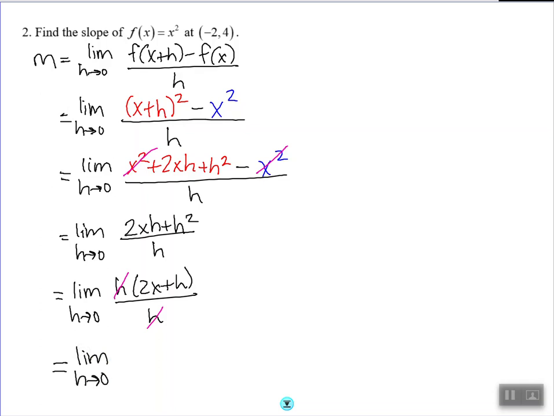So I'm left with the limit as h approaches 0 of 2x plus h. And if I plug in 0 for h, I now get that the slope is 2x.